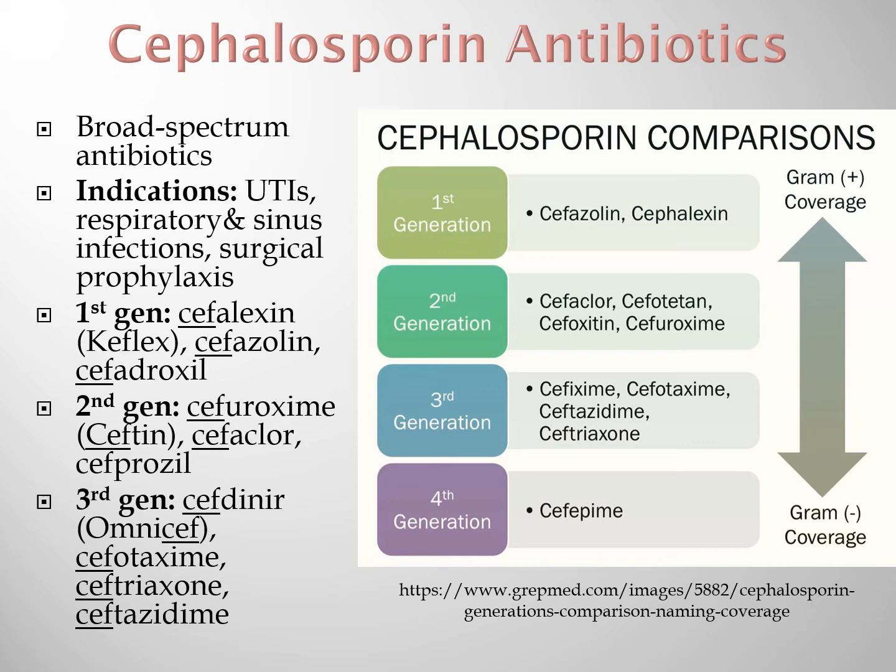And that's why when you see someone being treated for, say, cellulitis, which is a bacterial infection of the skin, invariably they're getting cephalexin or cefazolin, depending on how bad the cellulitis is. As you go down the generations, the cephalosporins become antibiotics that have much better gram-negative coverage.